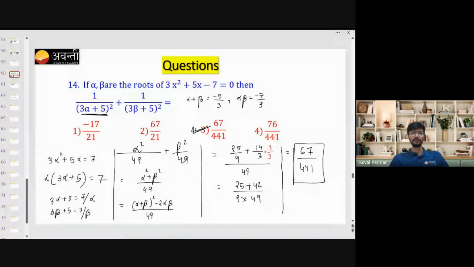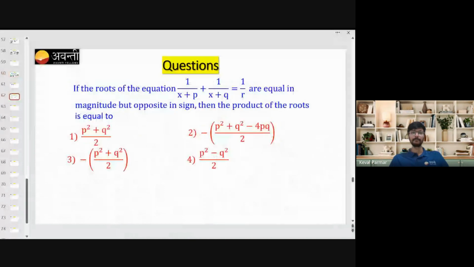Let's see the next one. Please, guys, are you there or not? Where is Ganesh? Nothing is visible. Santosh, can you see my screen?